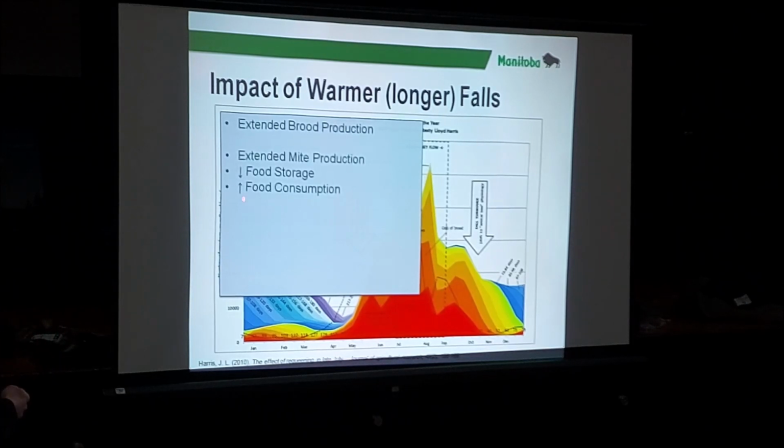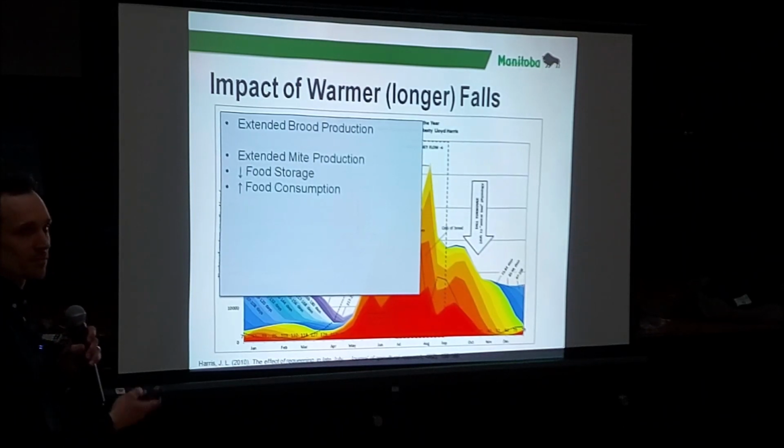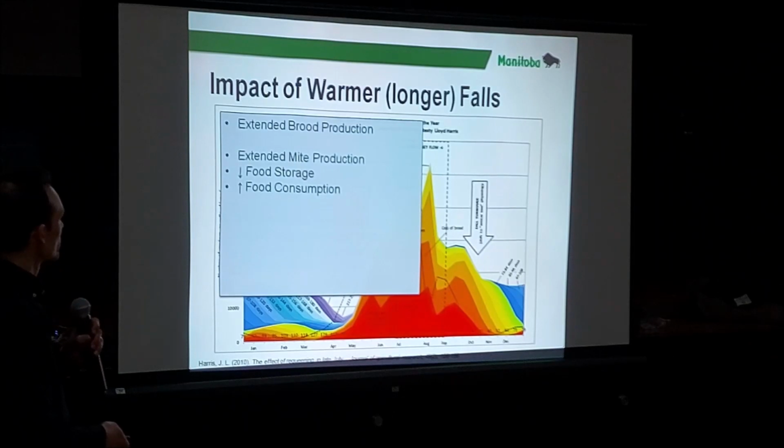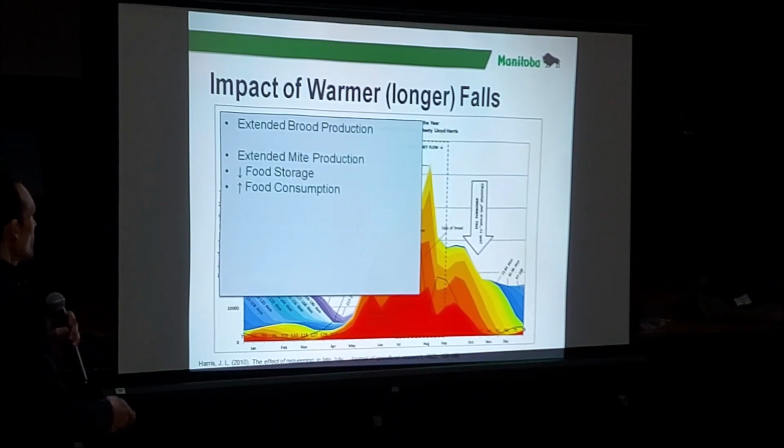First of all, you can have an extended mite production season. Your fall mite treatments aren't going to work as effectively with all that brood in the colony. When you're trying to do things like oxalic acid vaporization in October, and you still have 4 or 5 frames of brood in your colonies, you're going to have to treat much later as well.